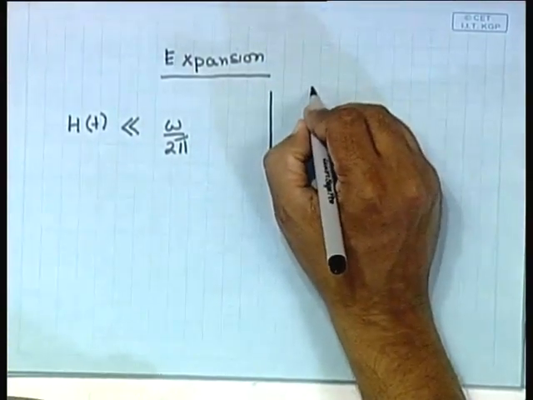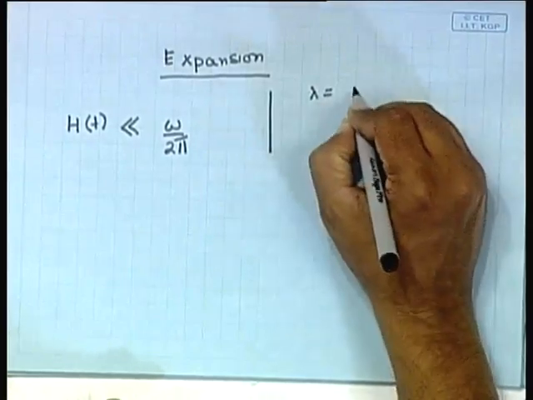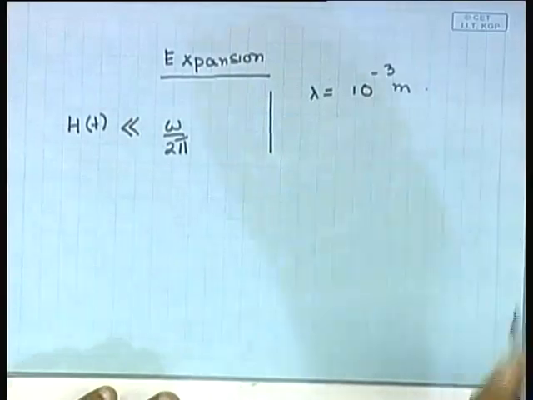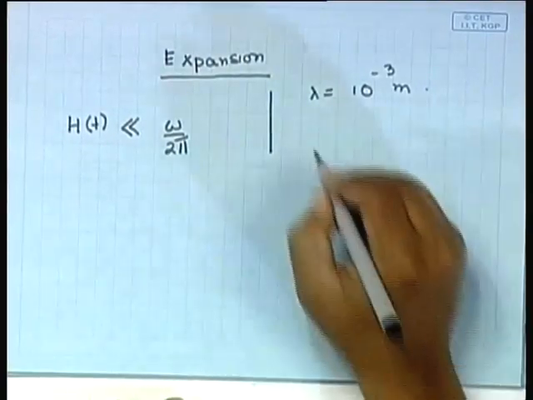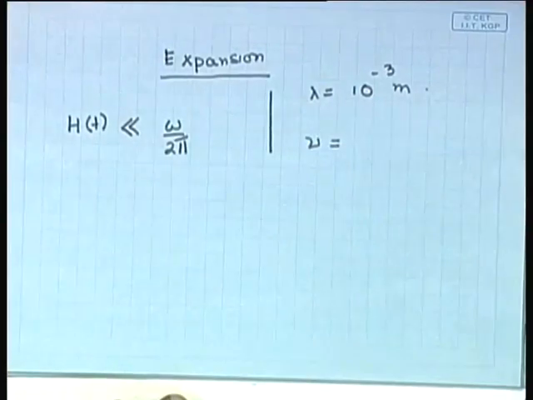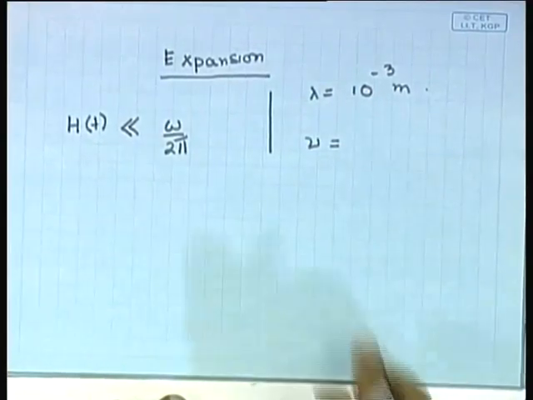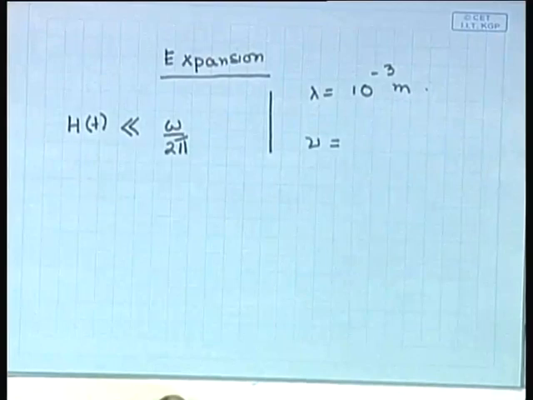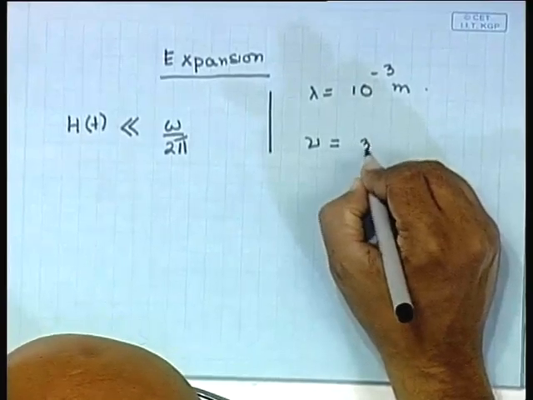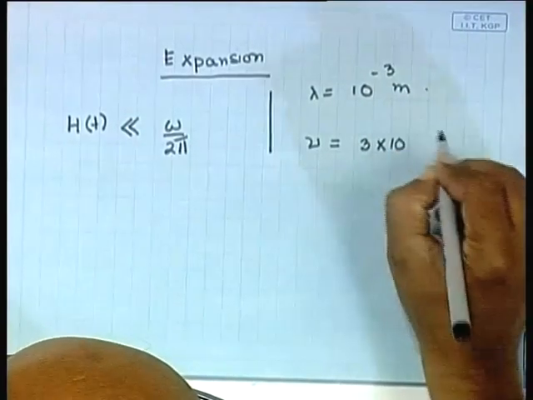So, lambda is 10 to the power minus 3 meters. The frequency corresponding to this is going to be c by lambda. So, 3 into 10 to the power 8 over 10 to the power minus 3, that is going to be 3 into 10 to the power 11.